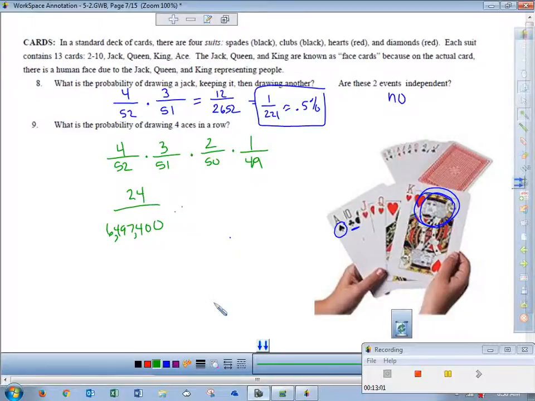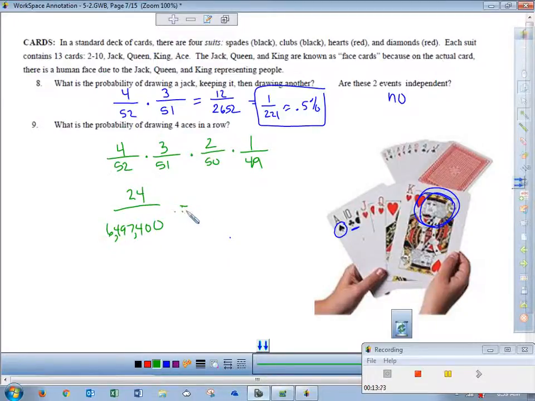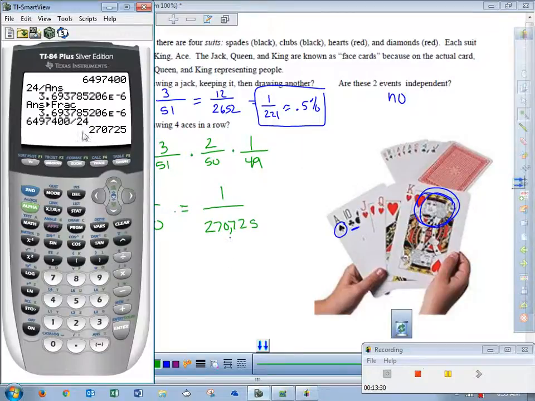Let's see if 24 goes into that number, 6,497,400. Yes, it does. So 24 went in there this many times, so it's 1 over 270,725.